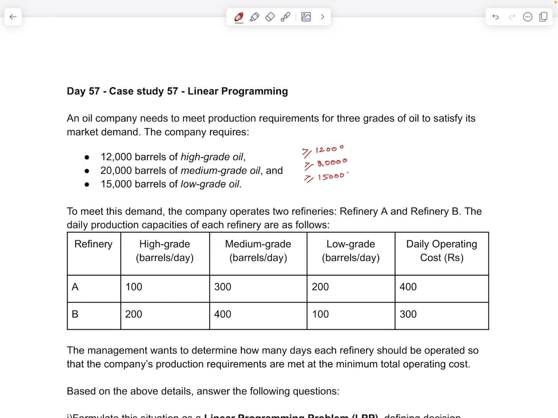The management wants to determine how many days each refinery should be operated so that the company's production requirements are met at the minimum total operating cost. Based on the above details, answer the following questions.